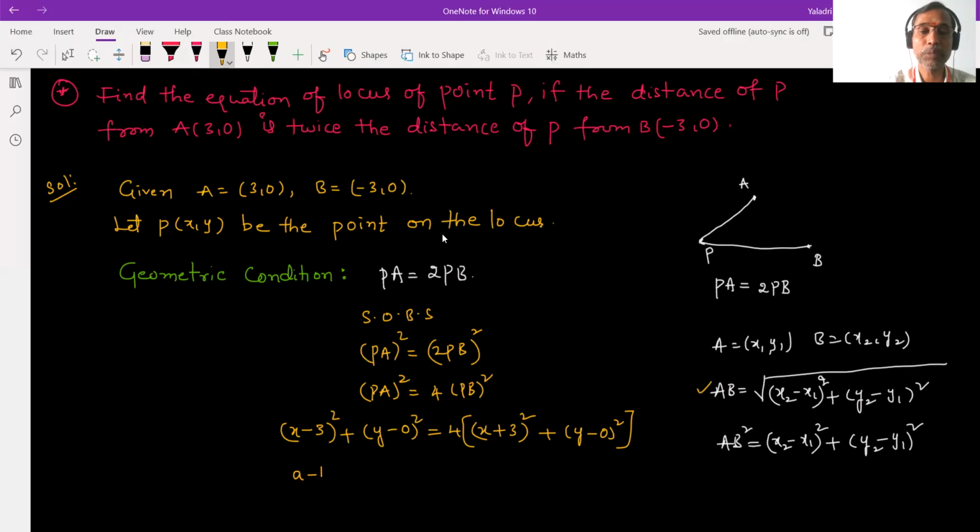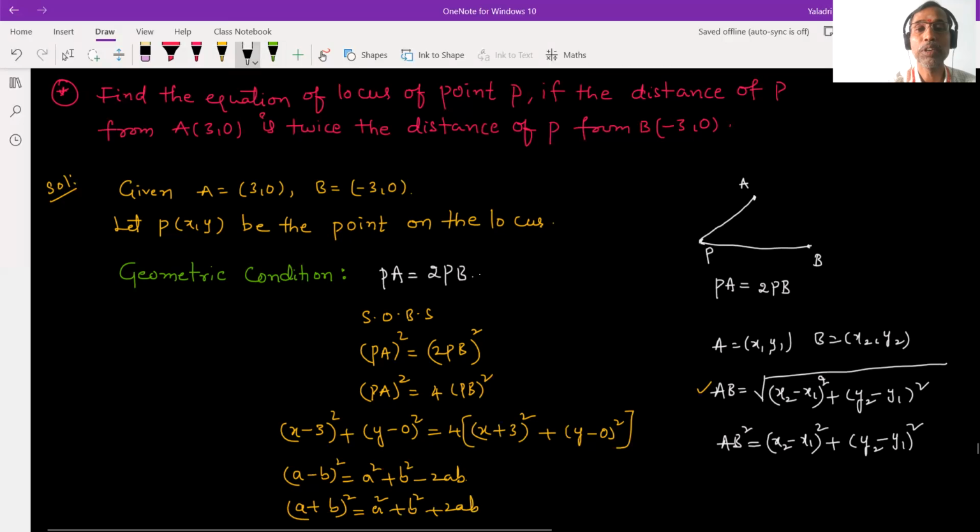You should write it as a square plus b square minus 2ab, and the (a plus b) whole square formula is also there. That is a square plus b square plus 2ab. Now I should write that one. Just a minute.